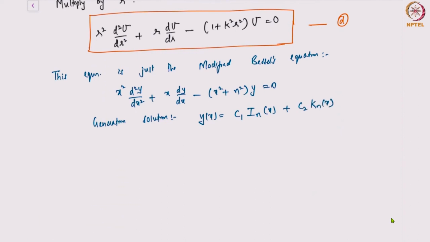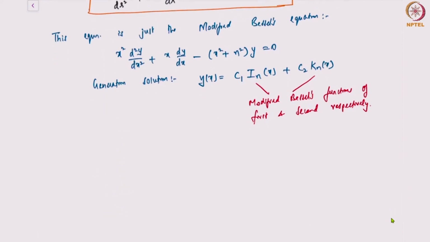Okay, In and Kn are called modified Bessel's functions of the first and second kind respectively. In is called the modified Bessel's function of the first kind and Kn is of the second kind.